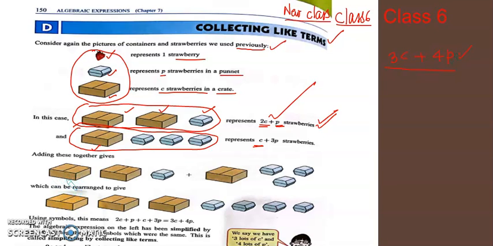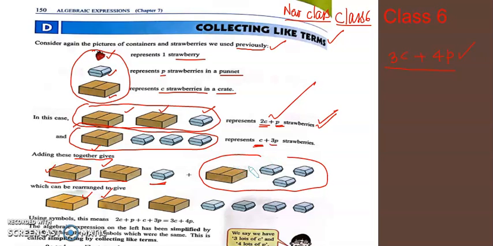Now let us take a look here. Adding these together gives, sorry, 2C and P. So 2C plus P here, and this represents C plus 3P.